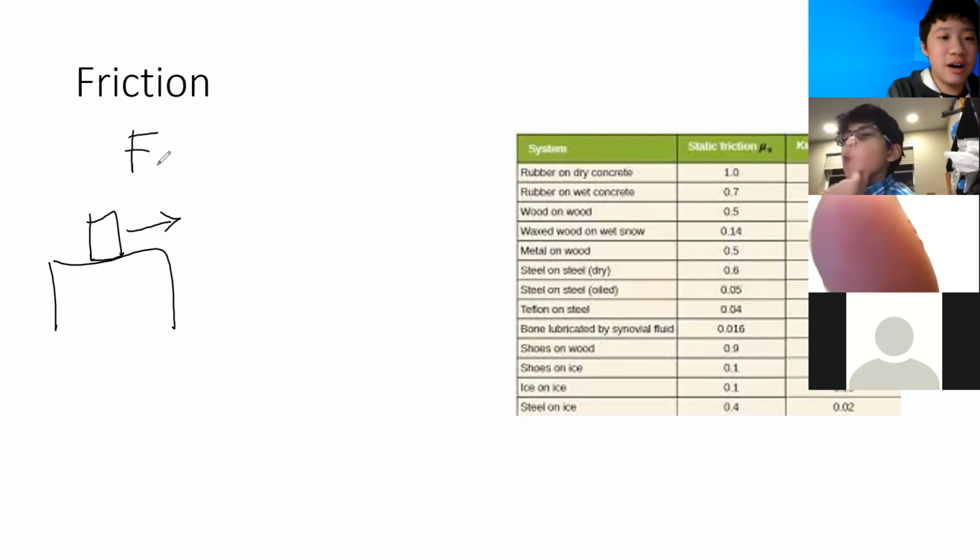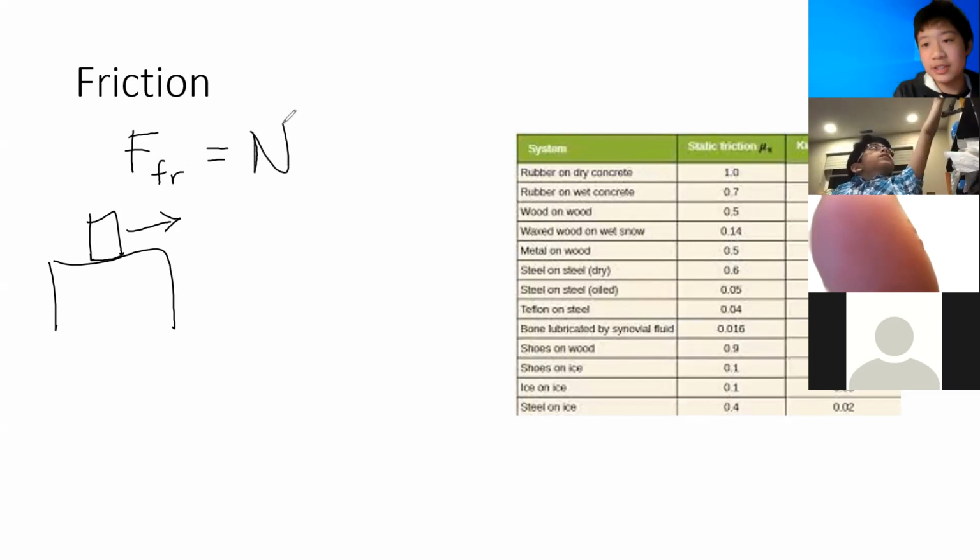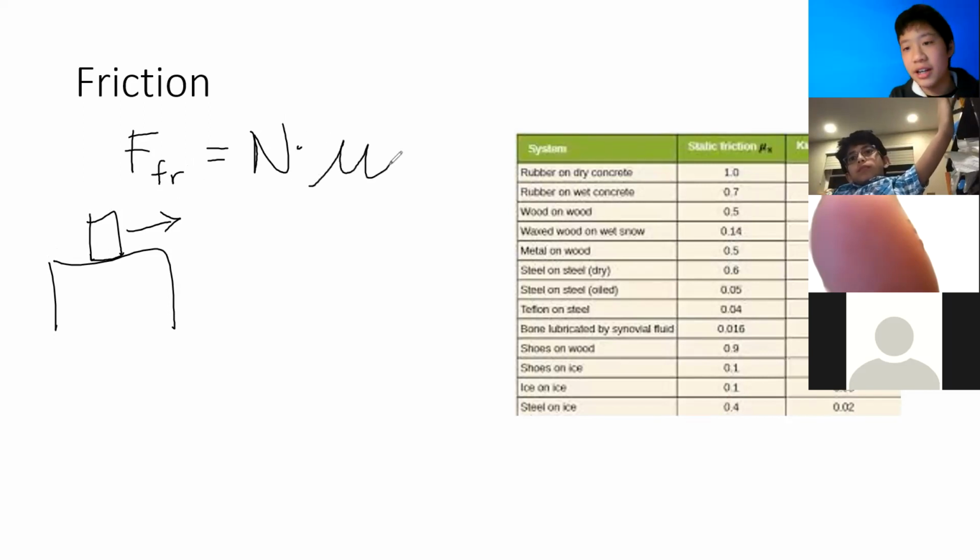The force of friction is the normal force, which is why we have normal force as a topic, times a coefficient of friction. This is called mu, like the noise cows make. I don't know why it's called that, but that's the way it is.